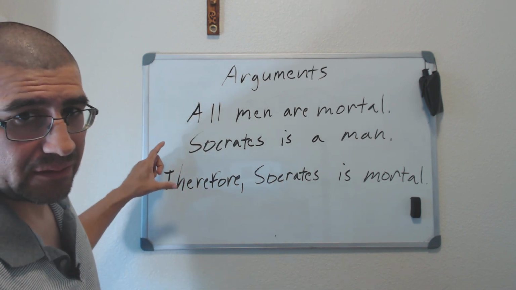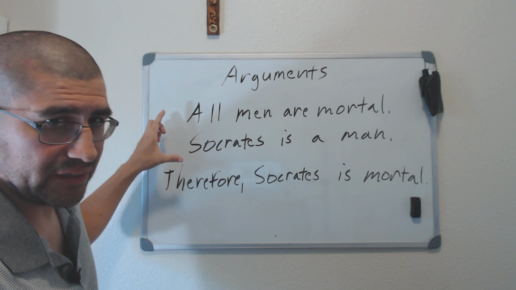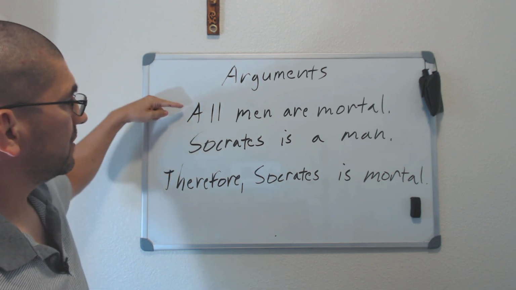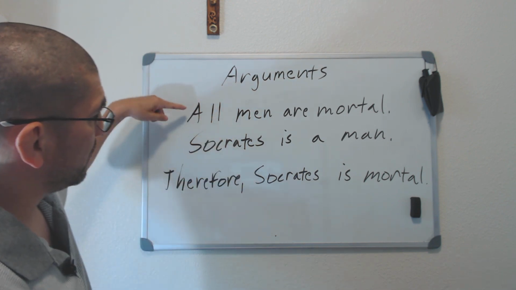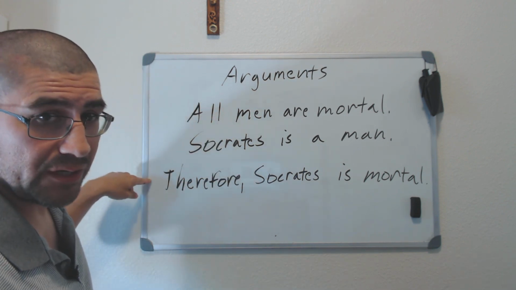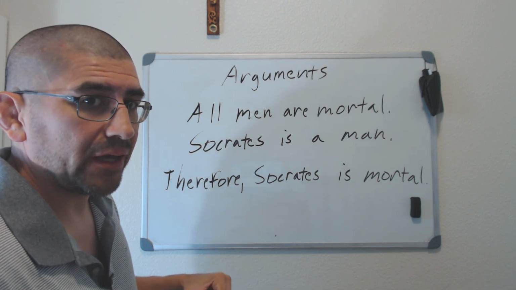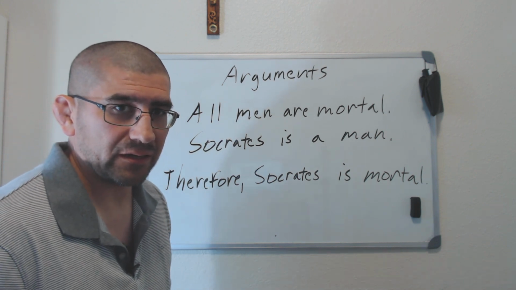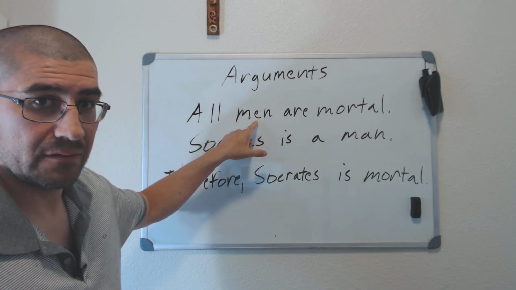This is just a basic syllogism, what we would say. It's a basic argument. Notice how many propositions does it have? It has 1, 2, 3 propositions. So arguments contain propositions. And what do those propositions contain? Terms.